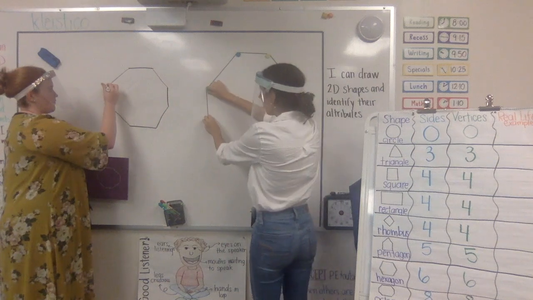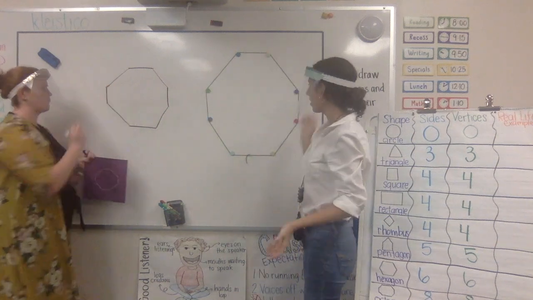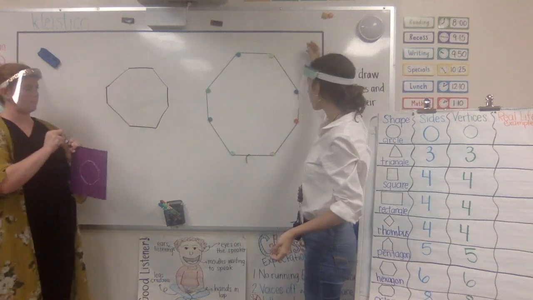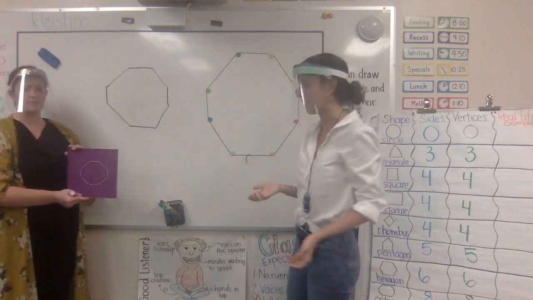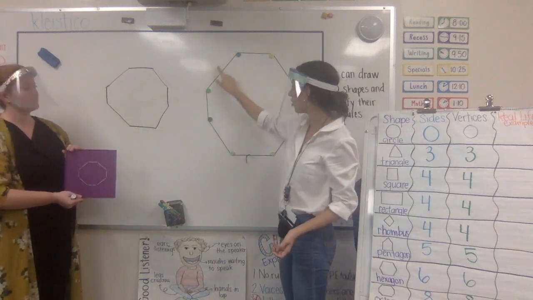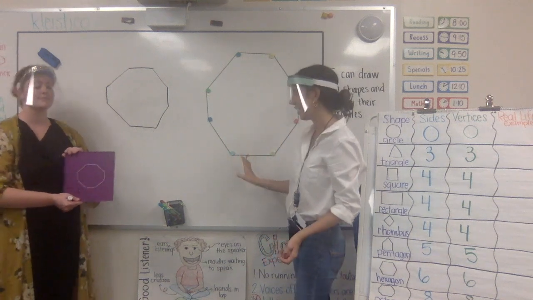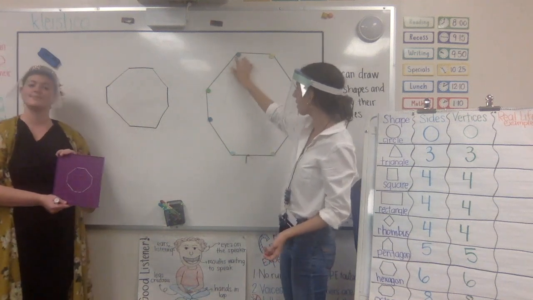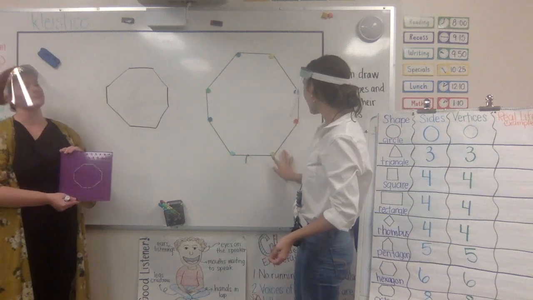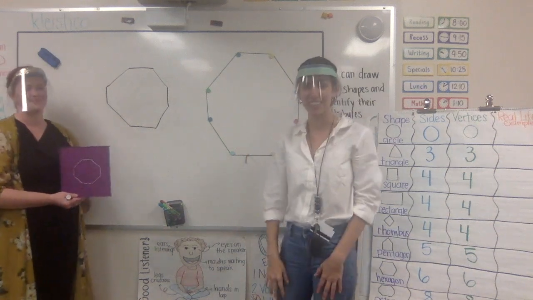Okay, and here we would have an octagon, and I know it's an octagon because I can count the number of sides and vertices. So I have 1, 2, 3, 4, 5, 6, 7, 8 sides, and 1, 2, 3, 4, 5, 6, 7, 8 vertices.